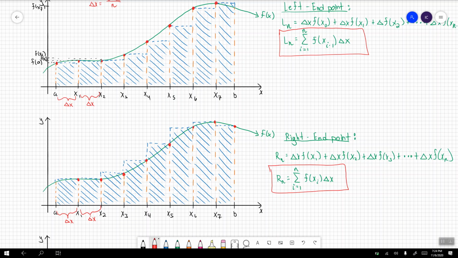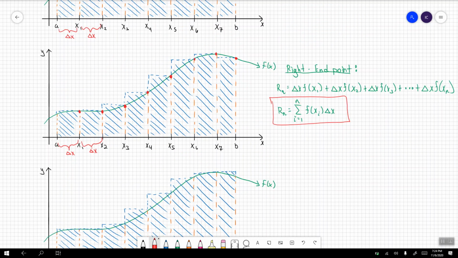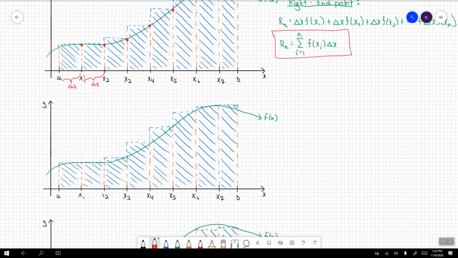Now, there are two more topics that we're going to look at that are still going to get us approximations. The next topic is going to be upper sums. So, upper sum approximation.